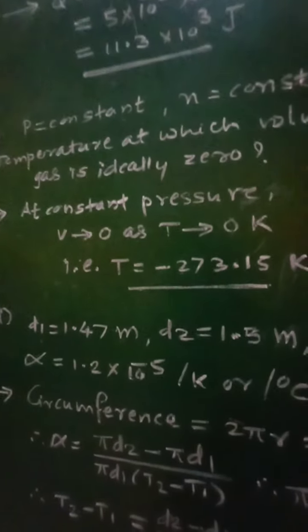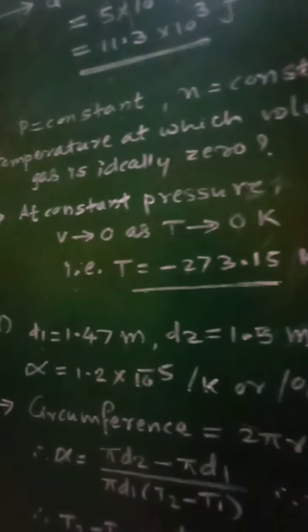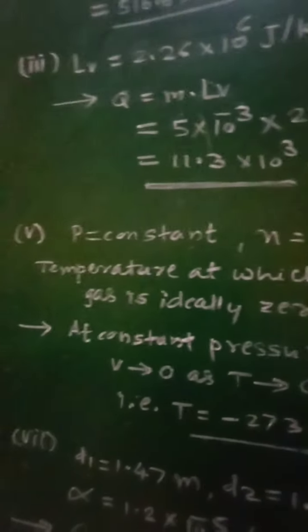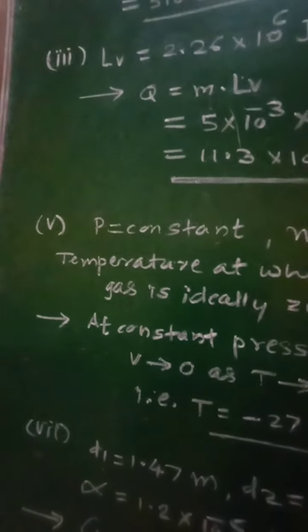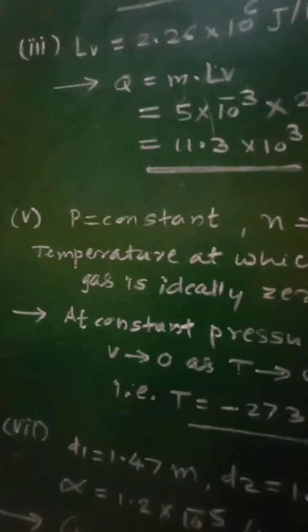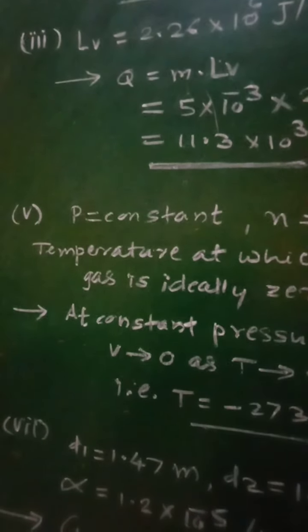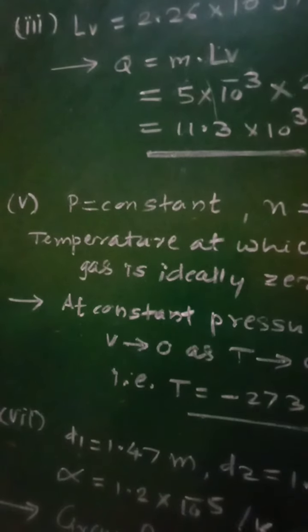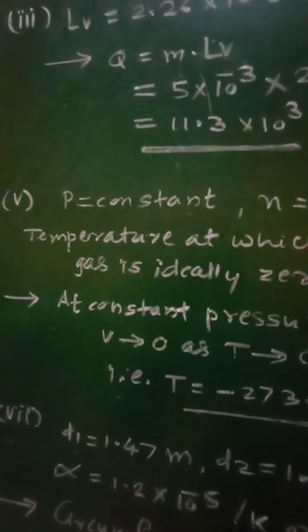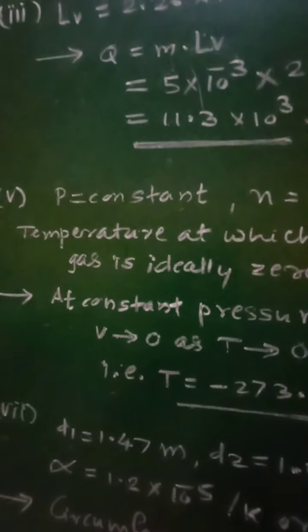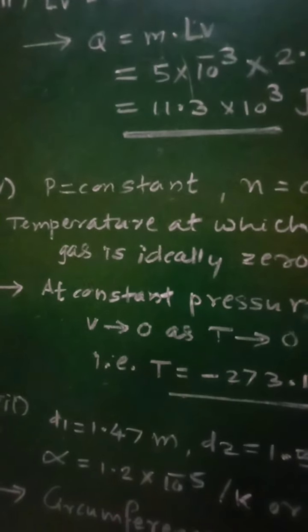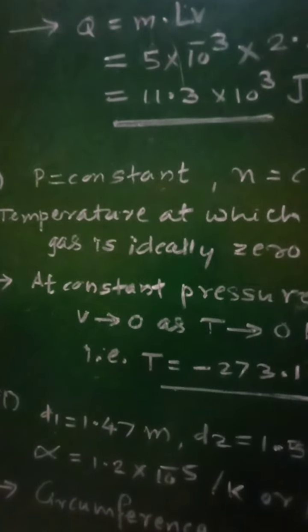Then let us go for the next numerical, that is the fifth numerical. The fifth numerical is given as: the volume of a gas varies linearly with absolute temperature if its pressure is held constant. Suppose the gas does not liquefy even at very low temperatures.